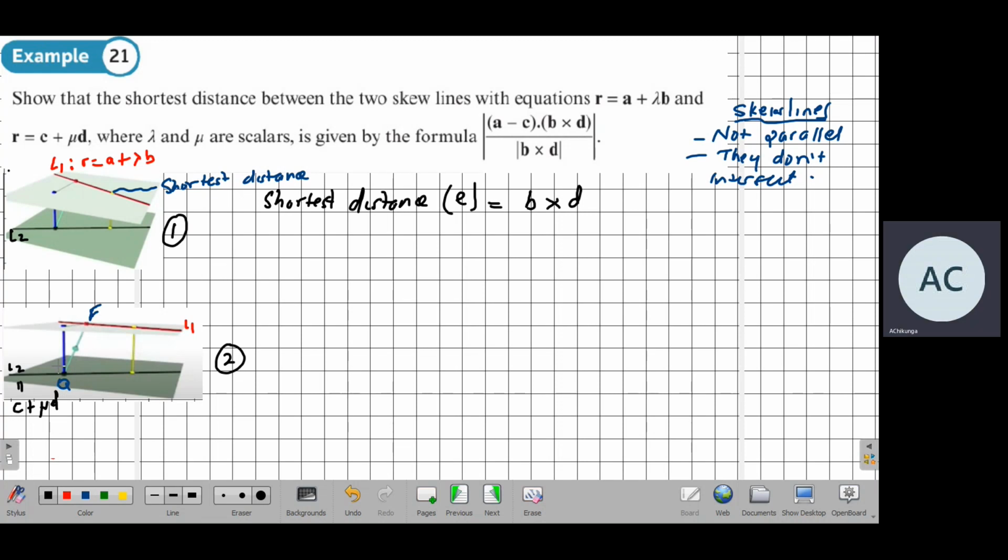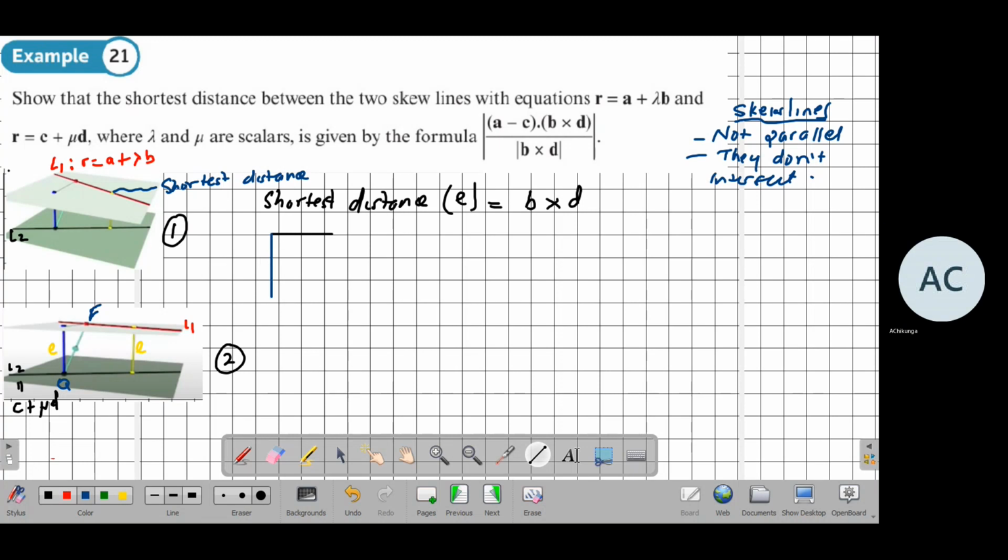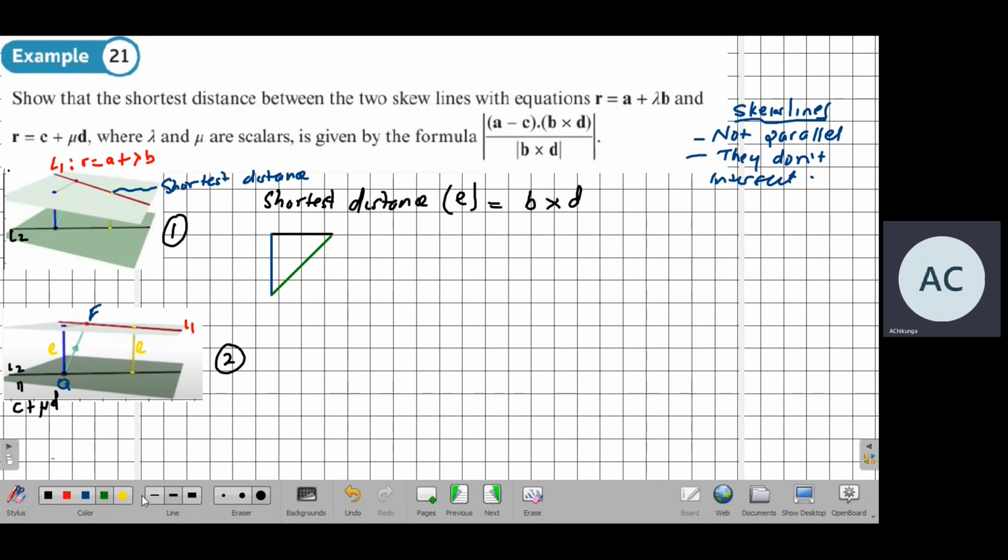So the yellow line is E, and it is the same here as E. If I make another point on the red line, line number 2, and call that F, we have created a triangle that looks like this, where this E is the same as E.